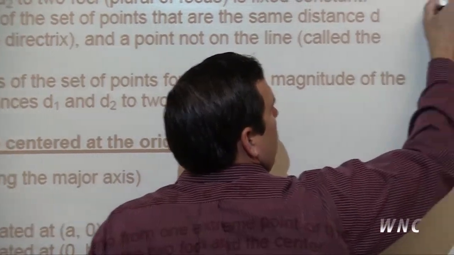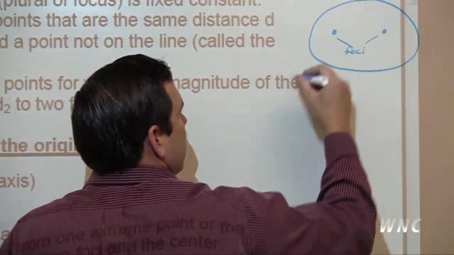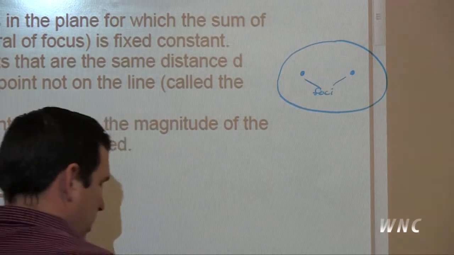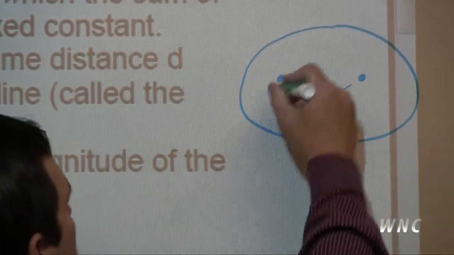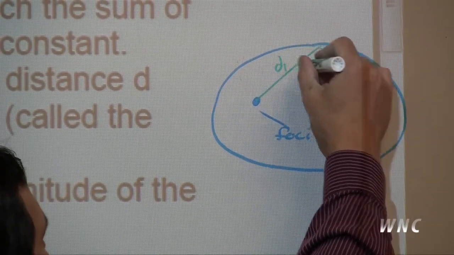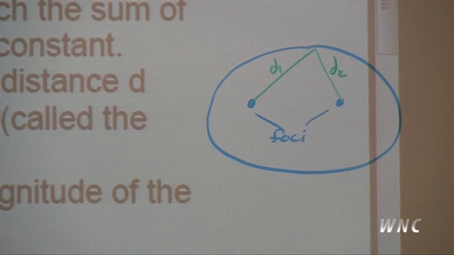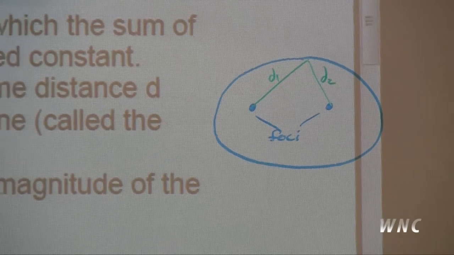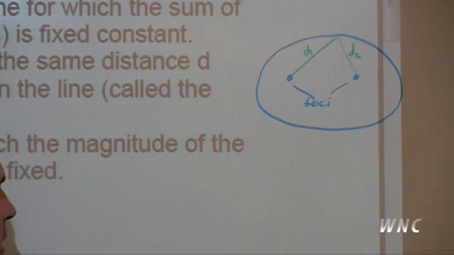Now, an ellipse is a collection of all the points such that the distance, let me change colors here. Here's d1, d2, so that the sum of the distances d1 and d2 to the two foci is fixed. Let's pick another point.